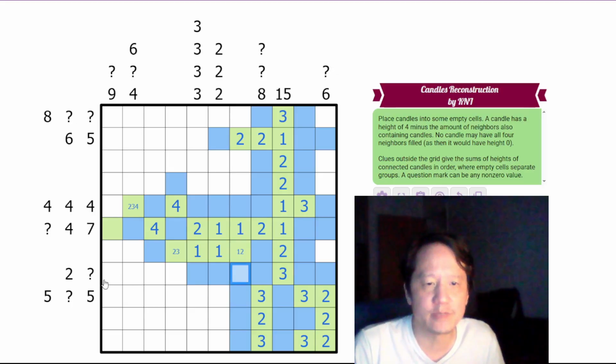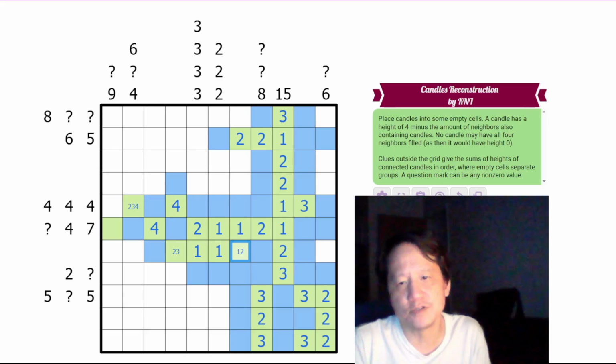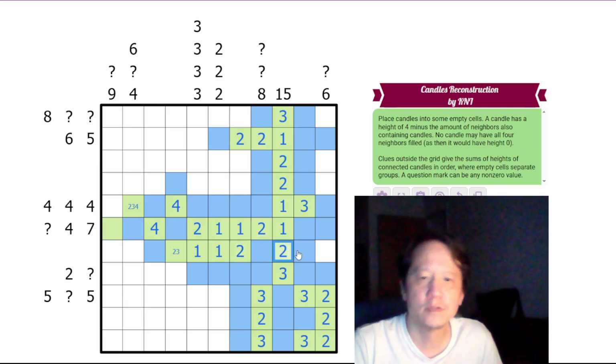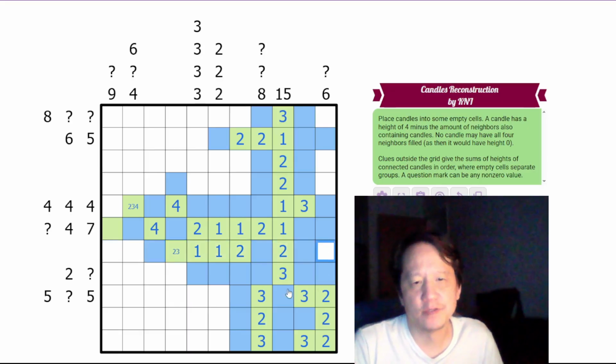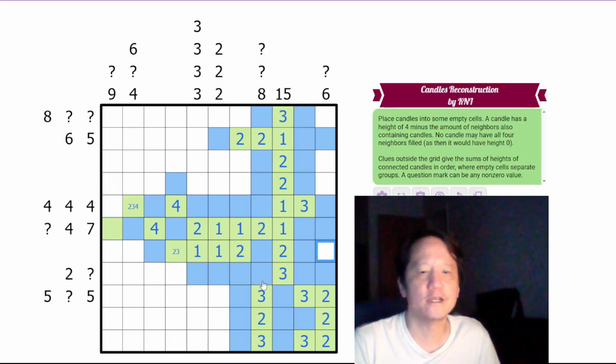And that's not possible because it must be 2. So therefore, this has 2 neighbors with candles, so this must be 2. Don't have any other information here. This could be something there as a 3.